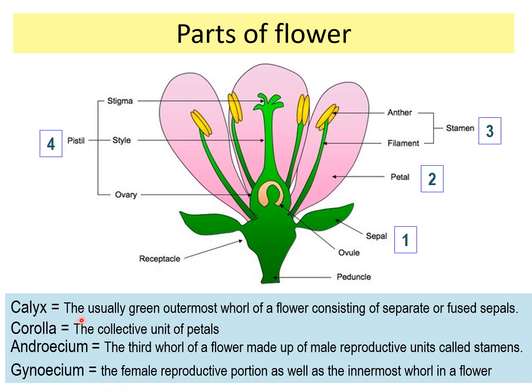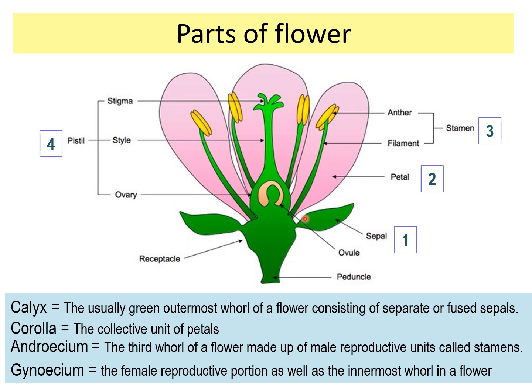Calyx is the portion of sepals, the first whorl. Calyx is usually green, and it is the outermost whorl of the flower, consisting of separate or fused sepals. The corolla is the collective unit of the petals.